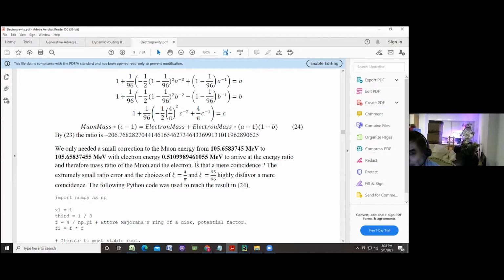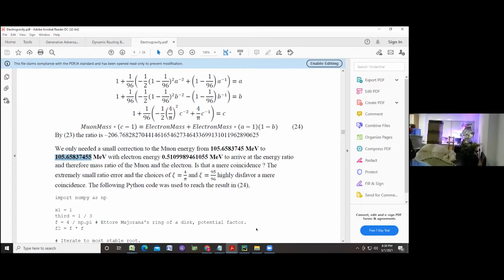So you get a prediction of the muon's energy in mega electron volts: 105.6583745. I think the current one is 55, not 45, but from 2014 it was 45 at the end.